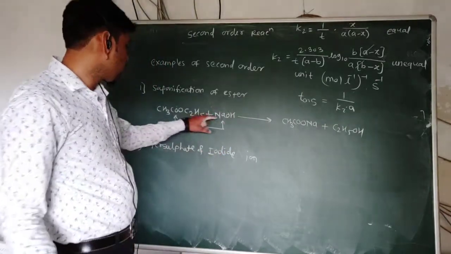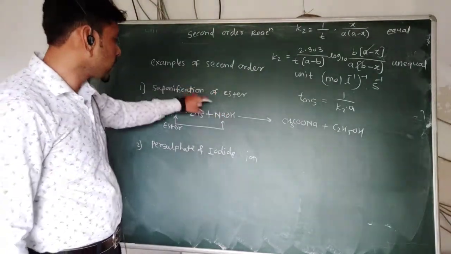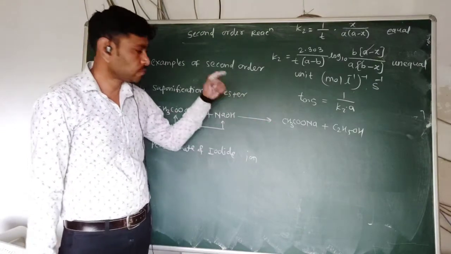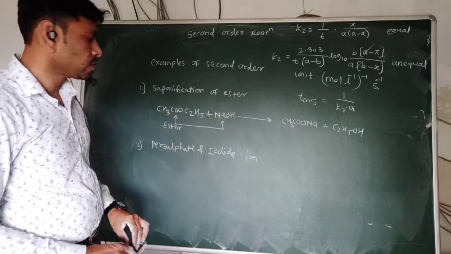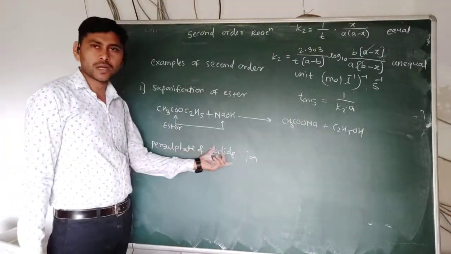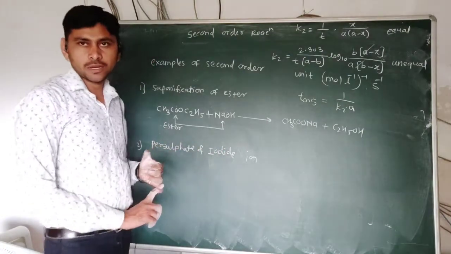So if the concentration of one of the reactants changes, there will be a change in the overall rate of reaction. So saponification of ester is an example of second order reaction. Also the reaction between persulfate and iodide ion is an example of second order reaction.